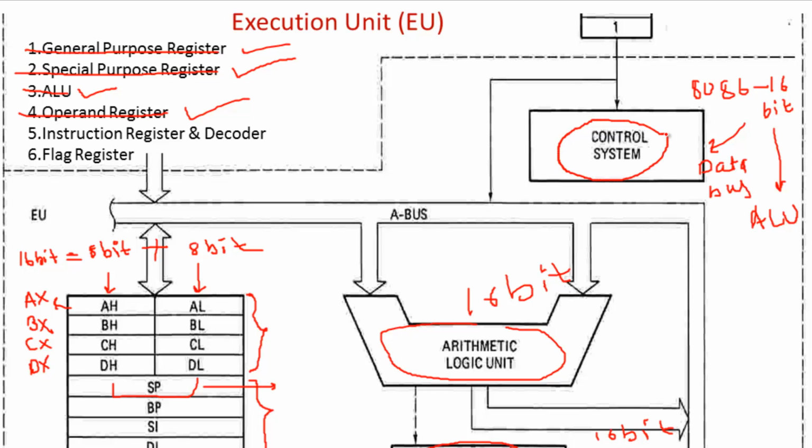Now next is the instruction register and the decoder. They both are present in the control system, or control unit. Here is a queue which is present in the BIU, where all the instructions get stored.